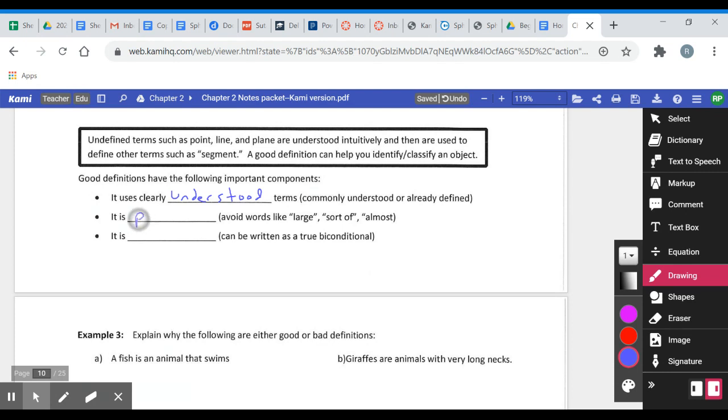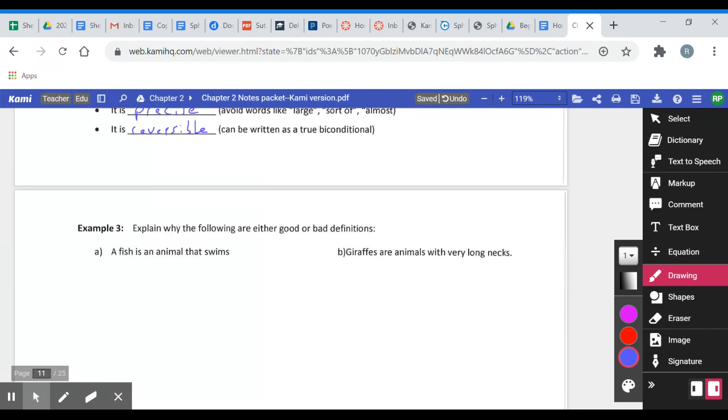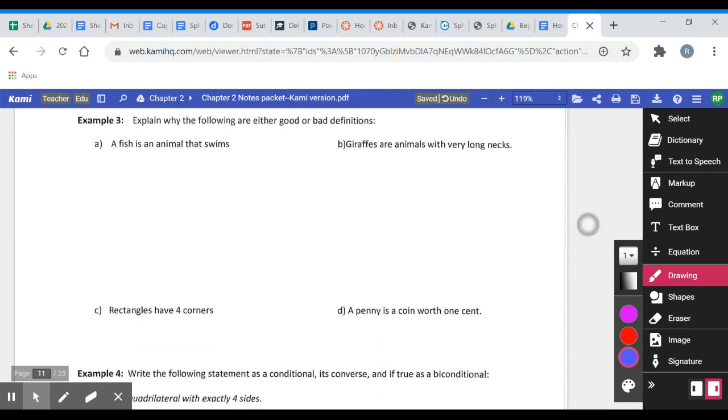It is precise, and it avoids words like large, sort of, and almost, which are kind of vague words. And it is reversible. Okay, it can be written as a true biconditional, meaning if I read the statement one way and I reverse it and read the converse of it, then they are both true. Okay, so let's look at some examples here.